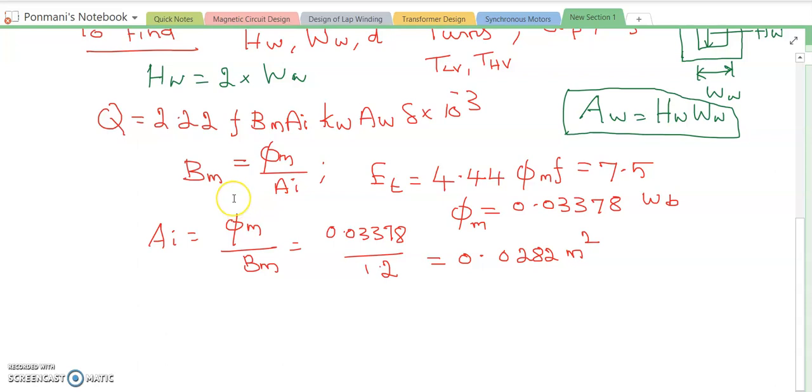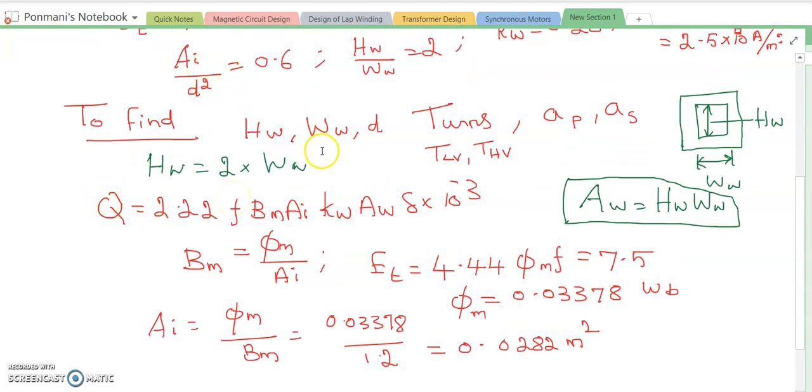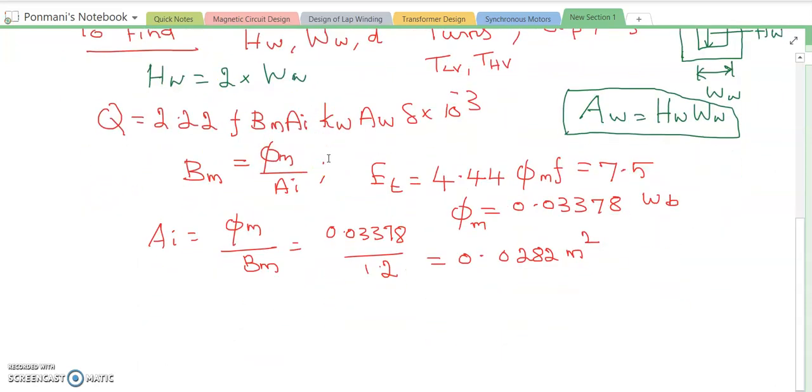So once A is known, we can calculate this D. A by D square is given in the problem as 0.6. So you can substitute the value of A and we can get D as 0.2168 meter.